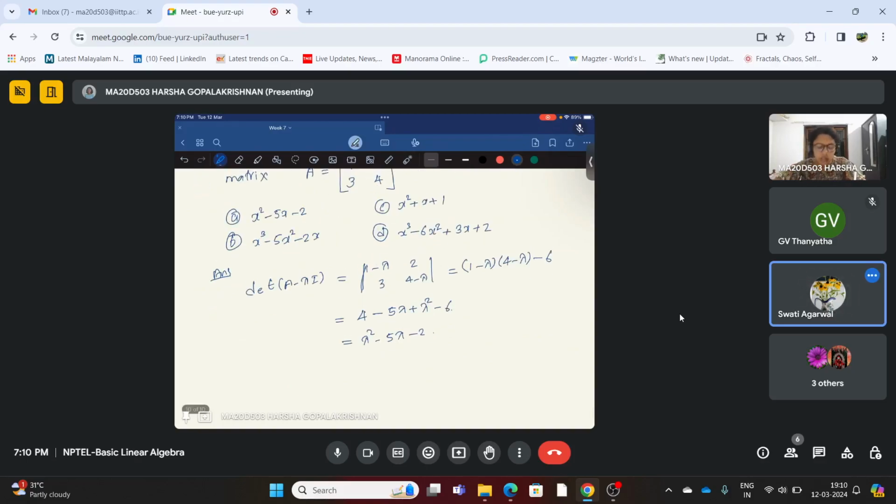Now, can you say whether the matrix satisfies the first equation or not? In the beginning of the class, I mentioned this: whether a matrix satisfies its characteristic equation or not.